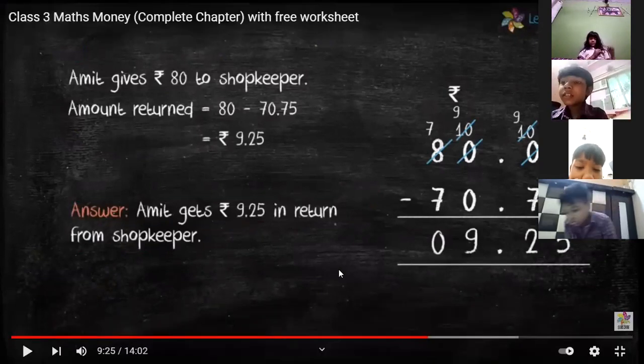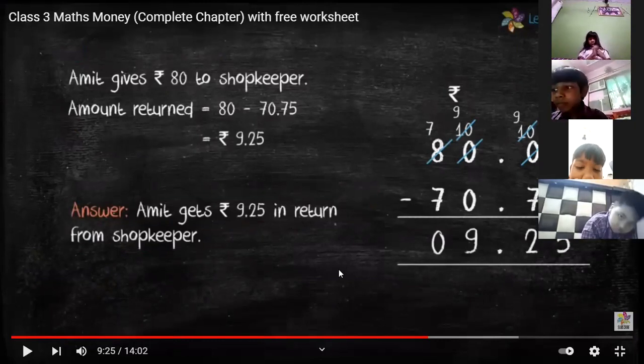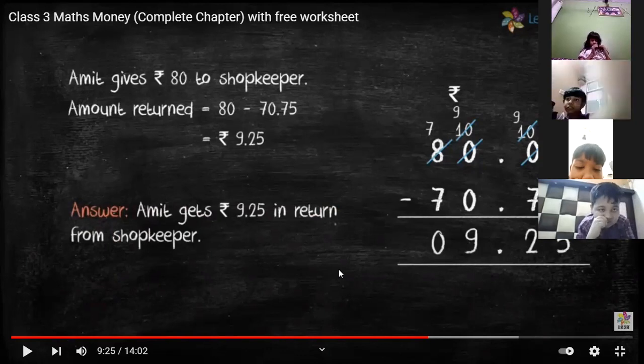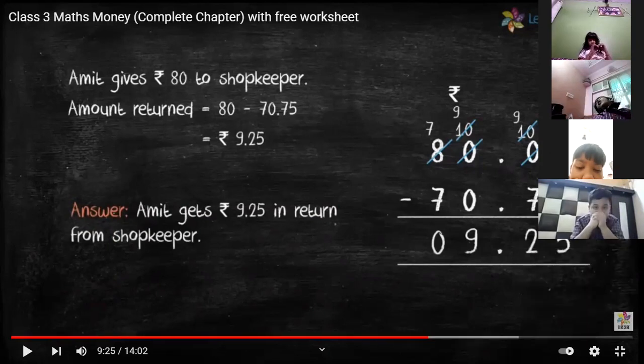I hope it is clear. Yes. So beta, we must take care of what particular operation we are going to perform here, like addition or subtraction. And the second thing is, while doing this operation, first of all we have to write down all these different amounts in the column method.